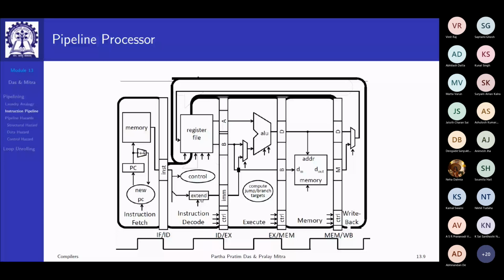In the execute stage, the main thing is the ALU. Besides that, you will have computation of the jump and branch targets, the memory address, and so on. In the memory stage, you have the memory address from this and the data to be able to read or write from the memory.